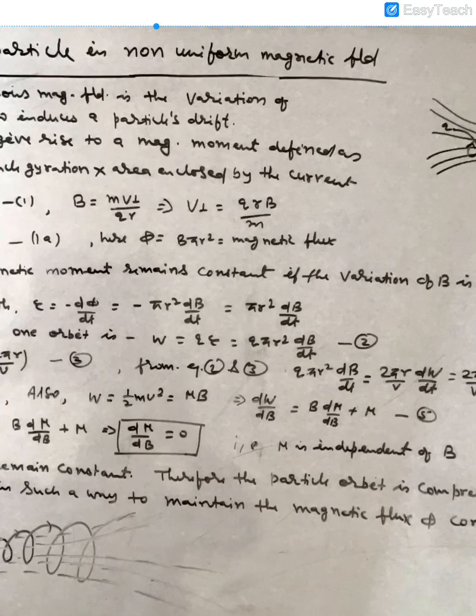That is, we finally got the result that the magnetic moment is independent of the magnetic field.